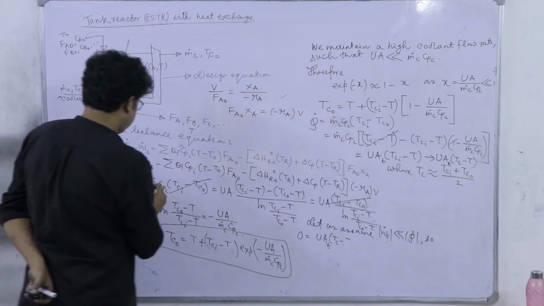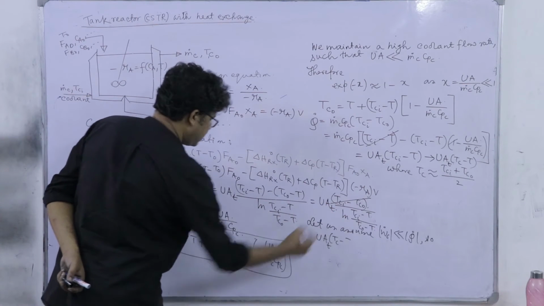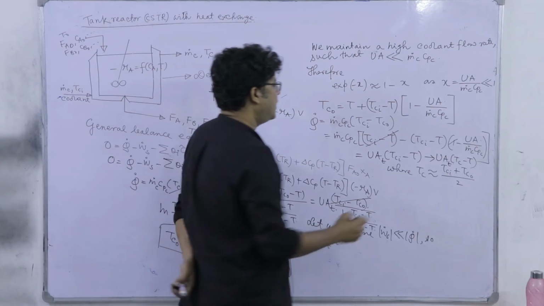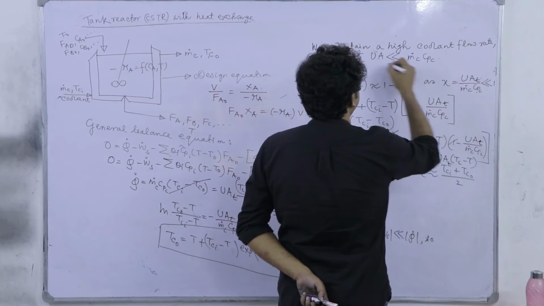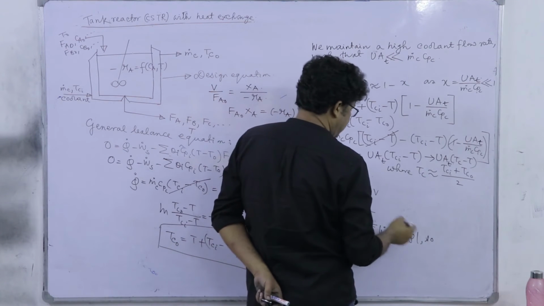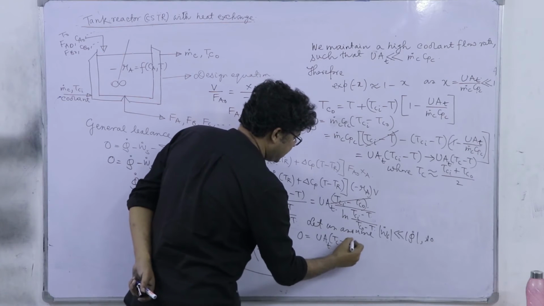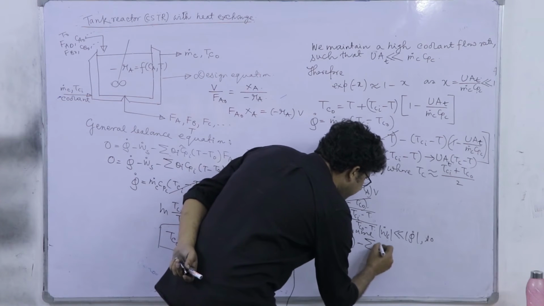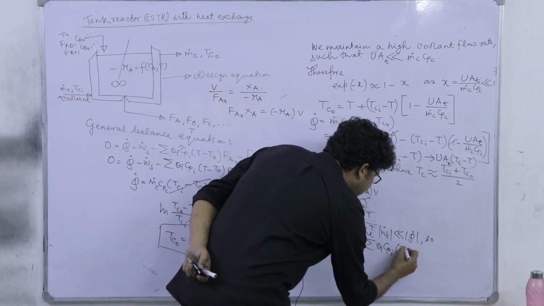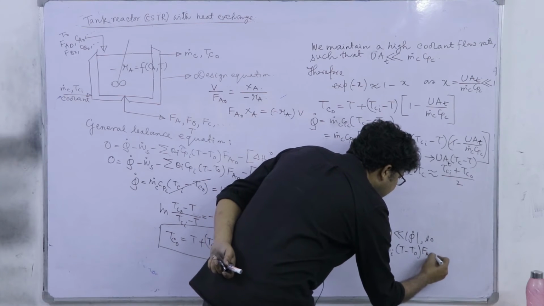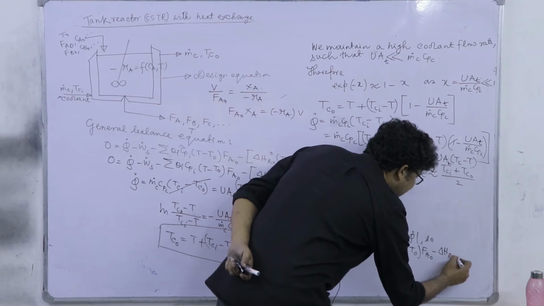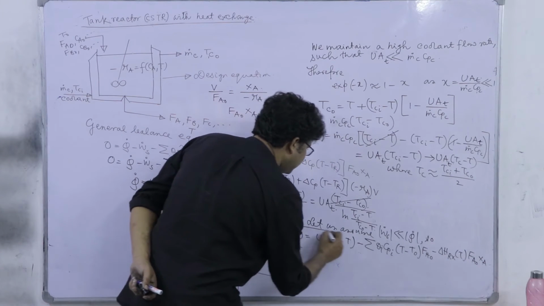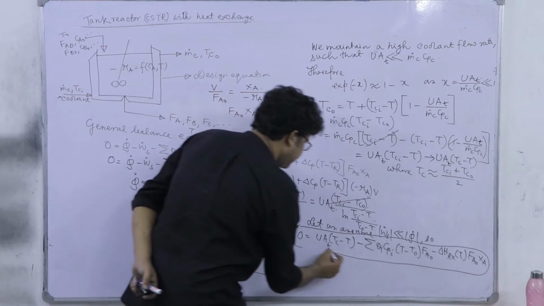So, U into AT, Tc minus T, minus the summation of theta I Cpi, T minus T naught, into Fa naught, minus, let us write it as delta H Rx at T into Fa naught into Xa. So, that is my final form.